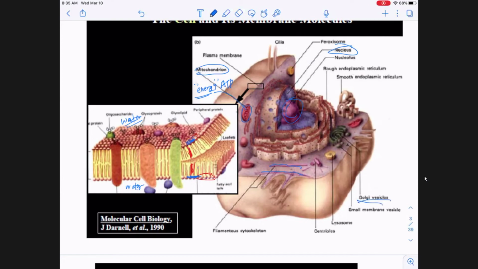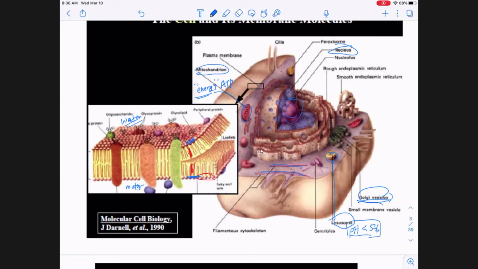The Golgi is related to protein movement. And the lysosome has a pH of less than 5, sometimes you can say 5 or 6.